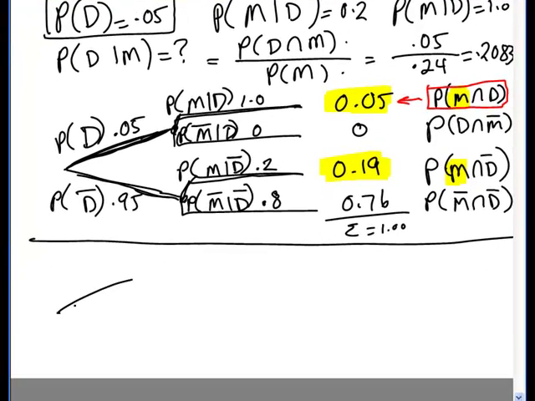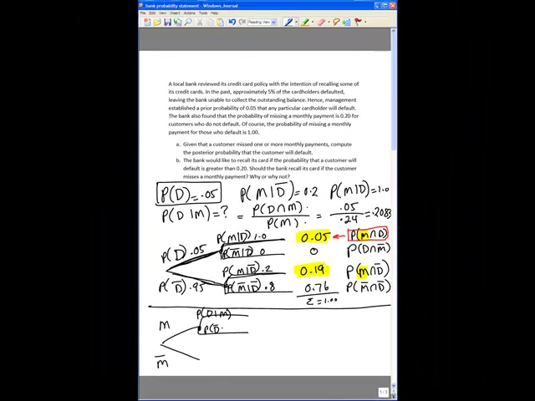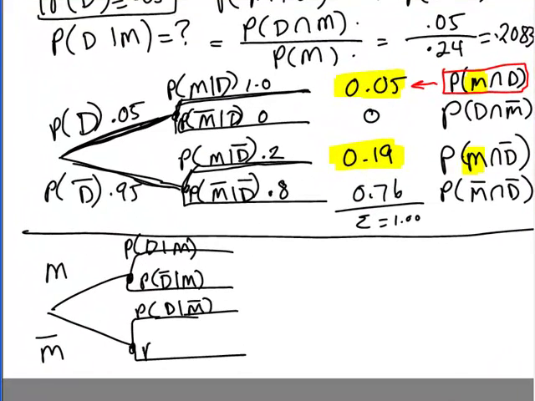By flipping the tree, we now start with the events M and M bar, and we branch out to probability of D given M, probability of D bar given M, and these ones will be probability of D given M bar, and probability of D bar given M bar.